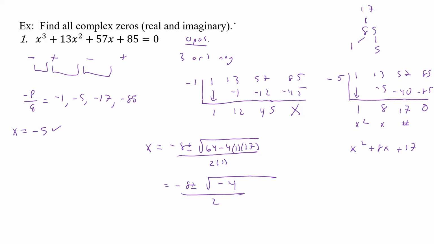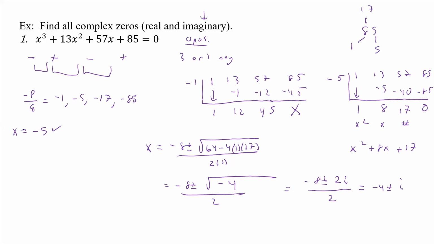Guess what? Here's our imaginary part. That's going to be -8 plus or minus the square root of 4 is 2, and the square root of -1 is i, all over 2. Now 2 will go into both of those, and so that's going to be -4 plus or minus i.